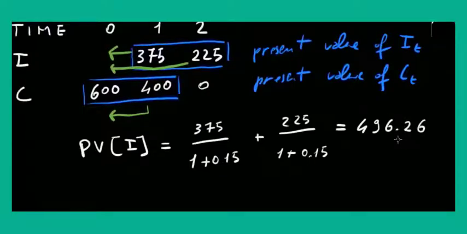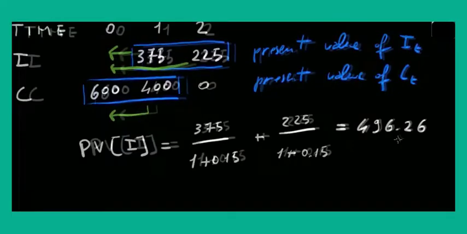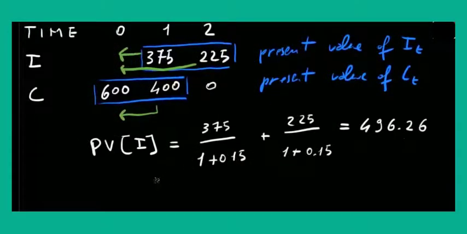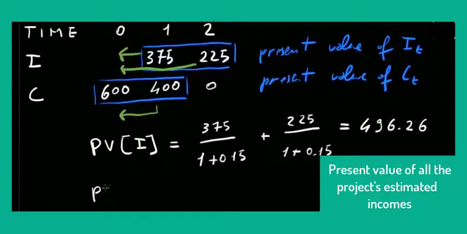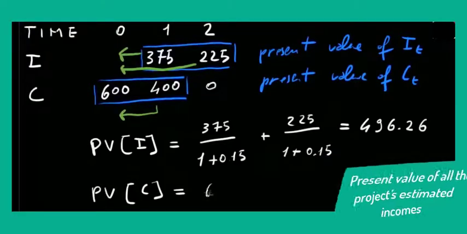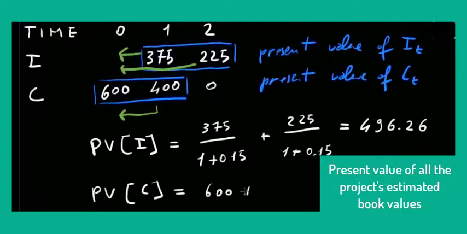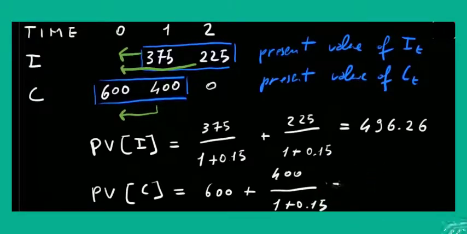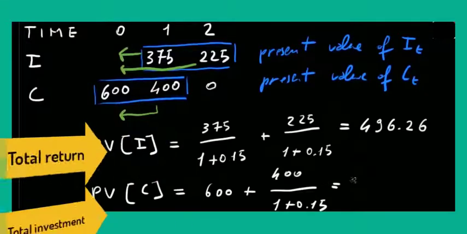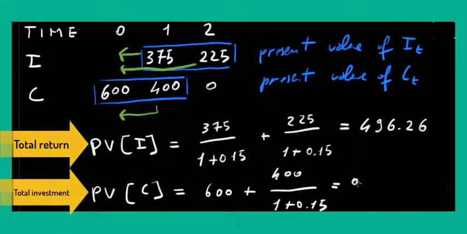This is the total return referred to time 0. This is the present value of total return. Then we have the total capital, which is the present value of the capital invested. We discount 400 by 15% by 1 period. And as we know, this is 947.8.